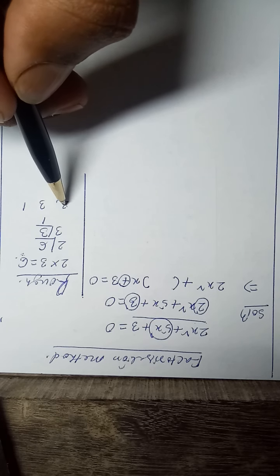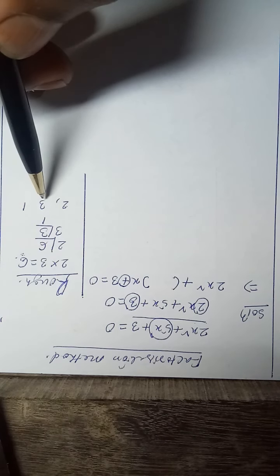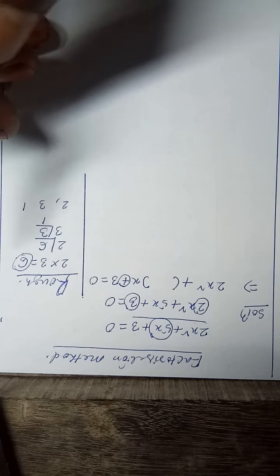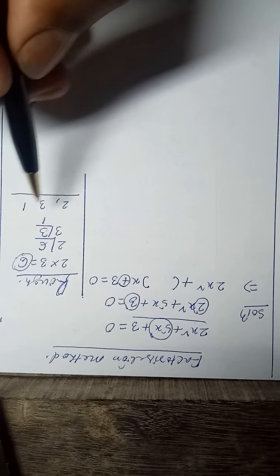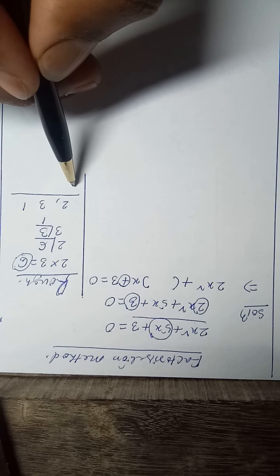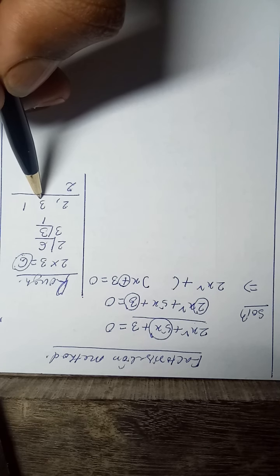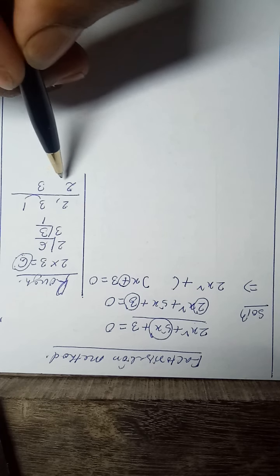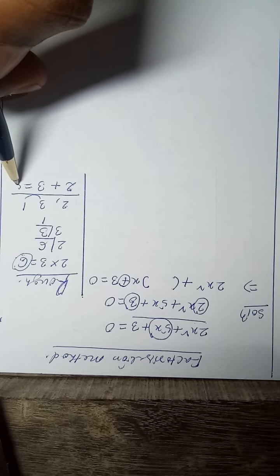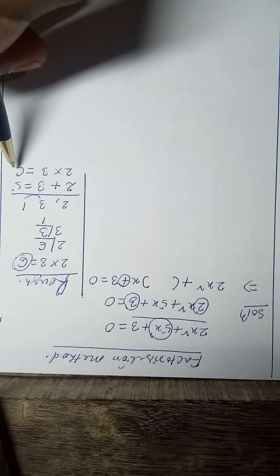Now we have to find two numbers whose sum is 5 and whose product is 6. Those numbers will be found from the prime factors 2, 3 and 1, so one number will be 2 and the other number will be 3 into 1, that is 3. The sum of these two numbers is 5 and the product is 6.